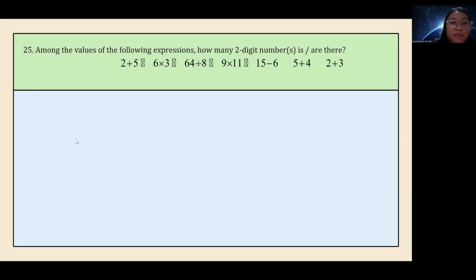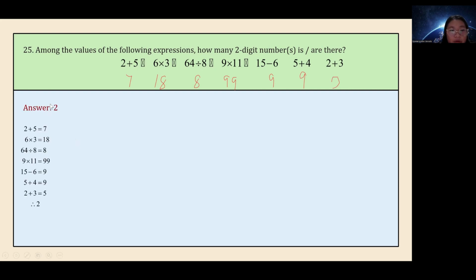Okay, so 2 plus 5, that's 7. 6 times 3, 18. 64 divided by 8, that's 8. 9 times 11, 99. 15 minus 6, that is 9. 5 plus 4 is 9. 2 plus 3 is 5. Okay? So, how many two-digit numbers do we have? We have only 2. 1, 2. So, 18 and 99.